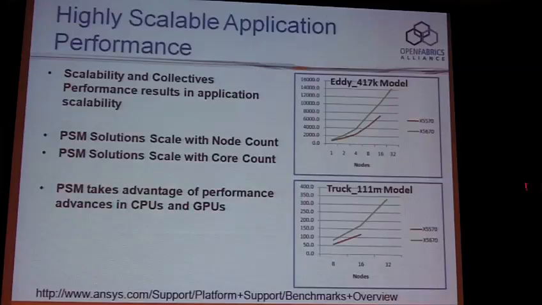And the solutions actually scaled perfectly with the core count increases, and then as we started to build larger clusters, the node count also continued to demonstrate a similar growth curve. So this really means that we're able to take full advantage of the CPUs and GPUs as they advance, and by having this kind of performance capability, the scalability is available to the cluster.